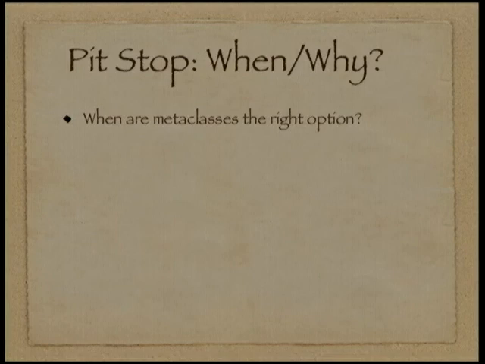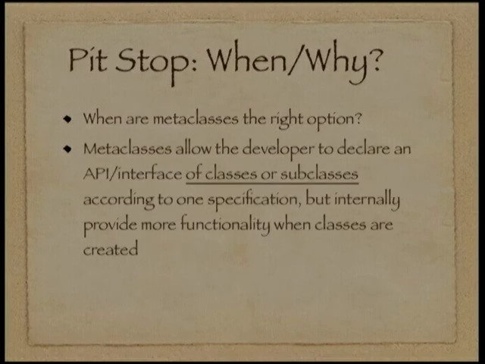The last thing I want to cover is when metaclasses are the right option. Usually, the most common case for when metaclasses are the right option is if you're writing an API or an interface for future classes and subclasses to be written later. The goal here being that you can write a much simpler class or a much simpler subclass following a defined and simpler API that makes those classes easier to read.